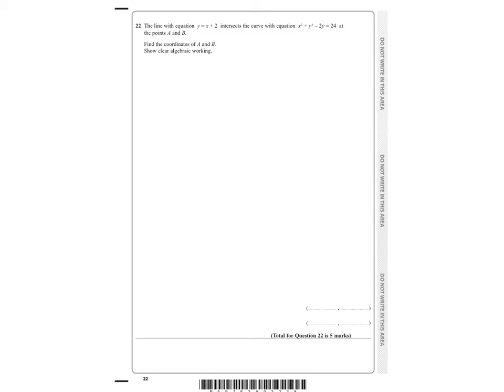This is actually quadratic simultaneous equations. If they intersect, that means if we substitute one equation into the other, we'll be able to find our answer. So I'm going to substitute y equals x plus 2 every time it says y. I get x squared plus (x plus 2) squared minus 2 lots of (x plus 2) equals 24.